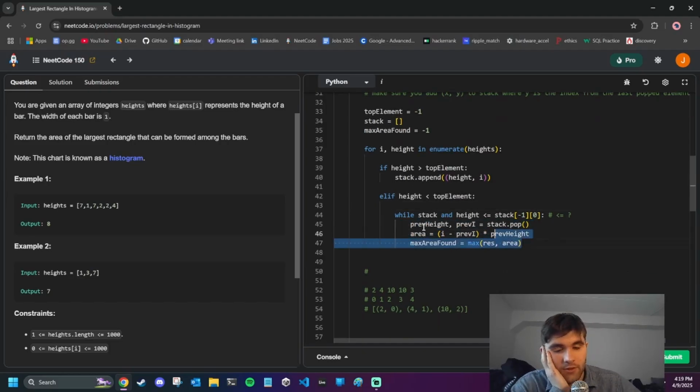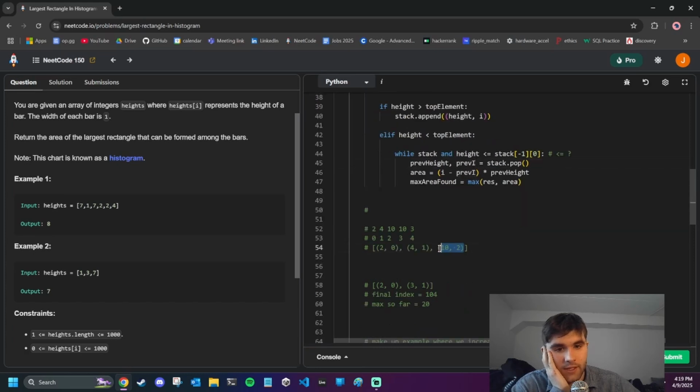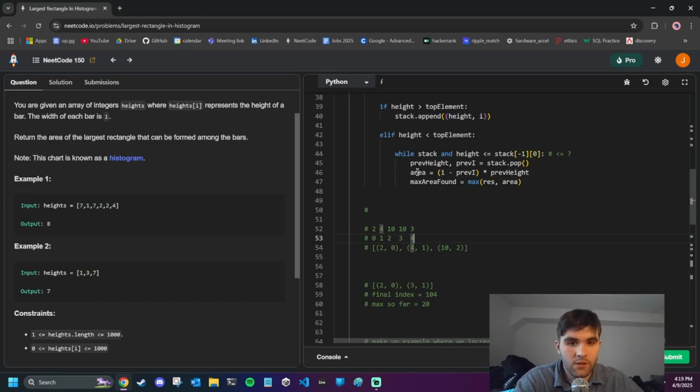Okay, so we'd keep doing this, and then eventually we'd say, okay, 4 would calculate the area for this, so that would be area equals 4 minus 2 times 10, so it'd be 20.